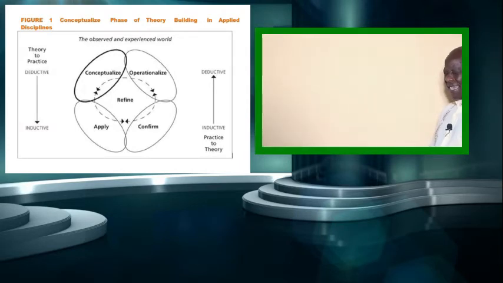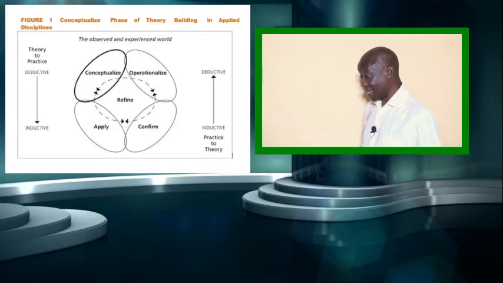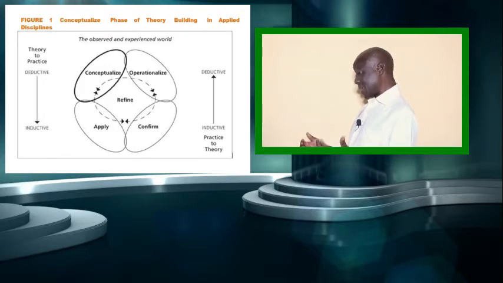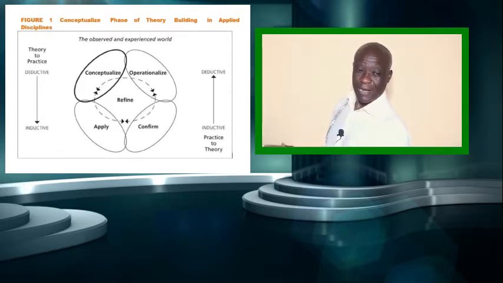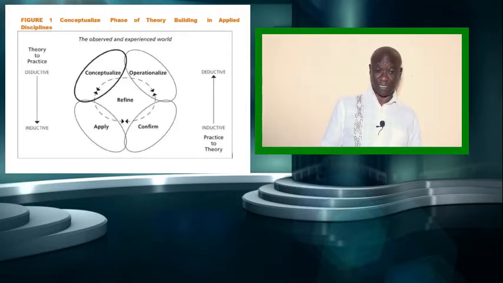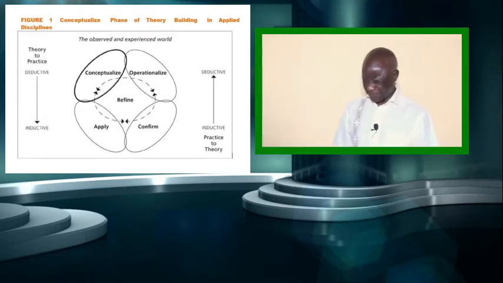So why don't we start with a clear and detailed understanding of what operationalization is all about. Now, ladies and gentlemen, an applied discipline theory needs to be confirmed or tested in its real world context so as to establish its utility.